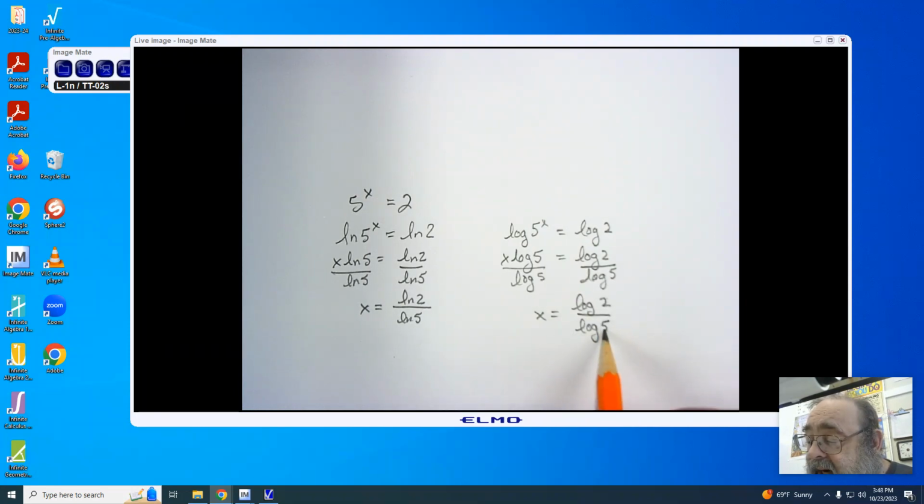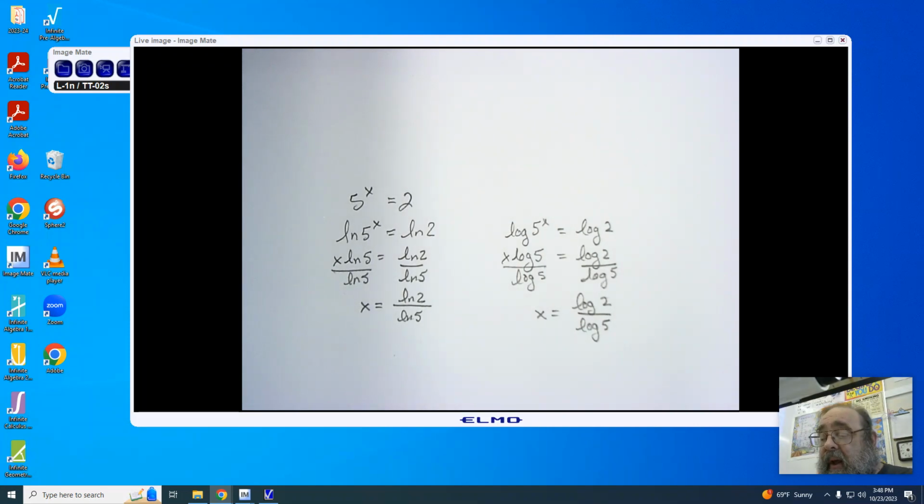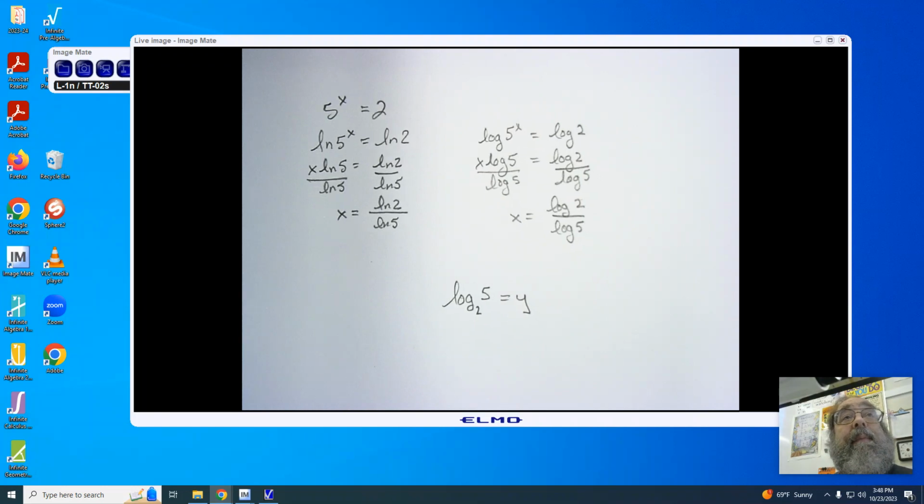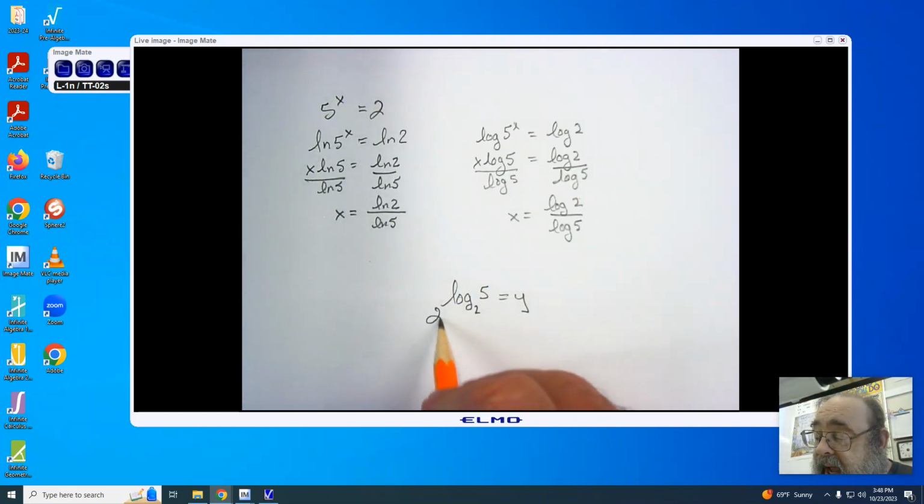Now what you're looking at is also the change of base formula. So if I wanted to convert, let's say I had log base 2 of 5, and I want to change the base, I'm going to first make it a y. Then I'm going to exponentiate both sides so that I get 5 equals 2 to the y.